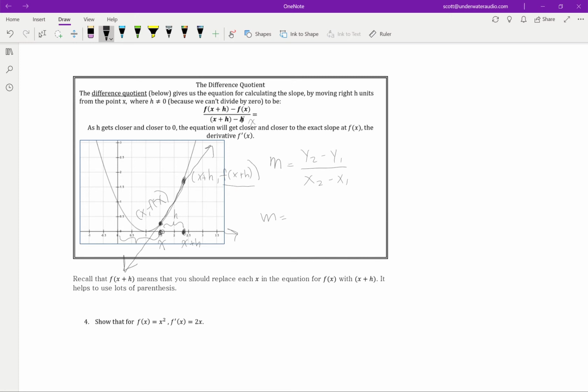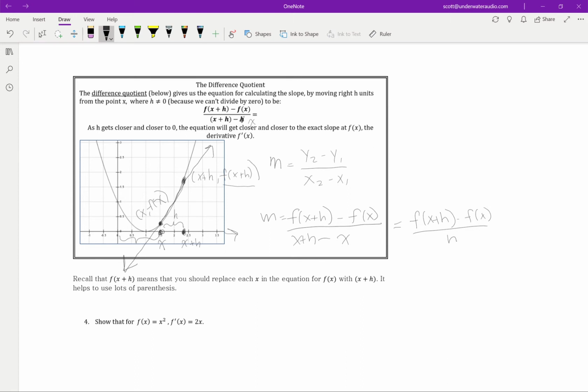So y2 is f of x plus h minus y1, which is f of x, all over x plus h. Remember, we're doing x2 now. x plus h minus x. Notice this is going to simplify. x plus h minus x, the x's cancel. So we get f of x plus h minus f of x all over h.